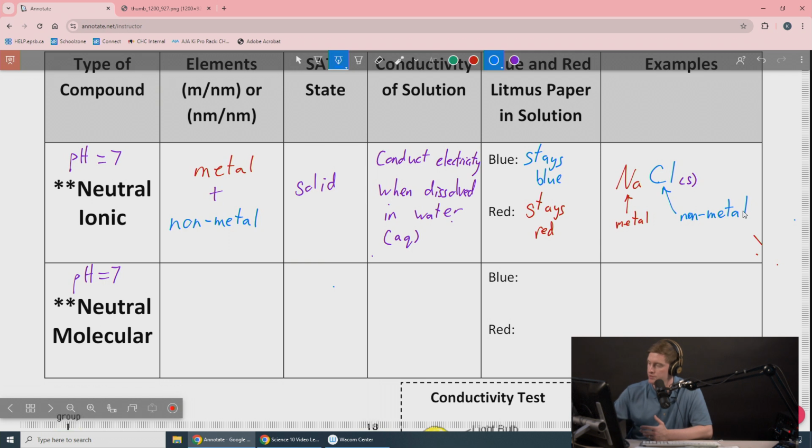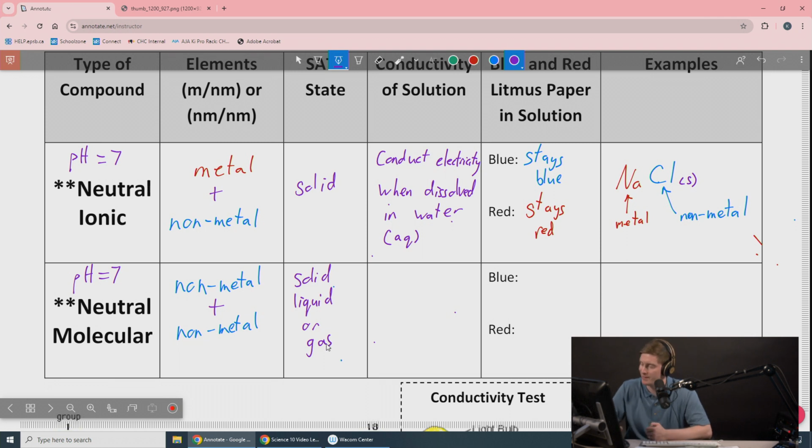Molecular compounds are going to be a combination of a non-metal plus another non-metal. Sometimes you can have more than just two non-metals, actually often, but a non-metal plus at least one other non-metal. These can be solid, they can be liquid, or gas.